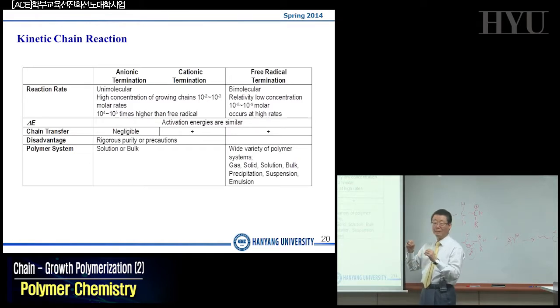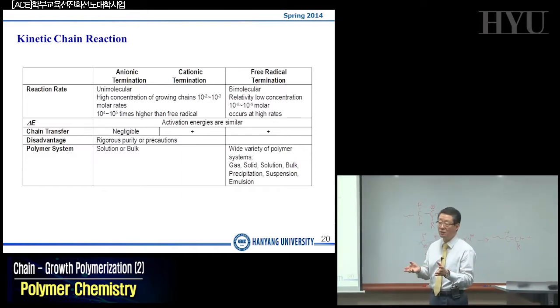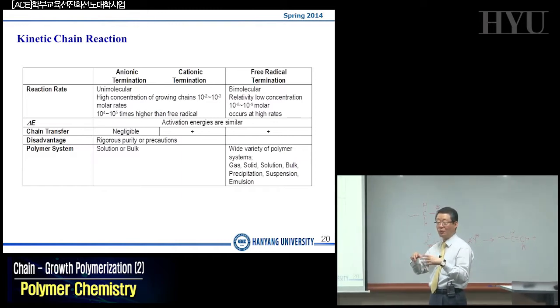And if I have an emulsifier, that's called emulsion polymerization reactions. And if I have a suspension reaction with water, with a small amount of soap or detergent, that's called suspension polymerization reactions.